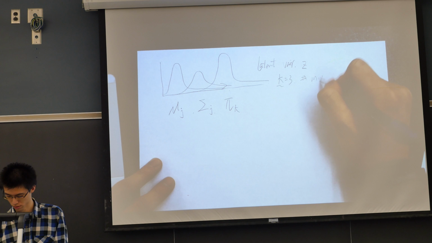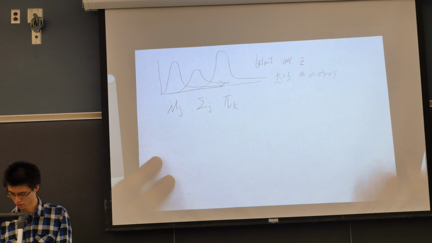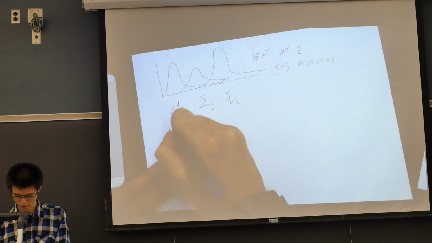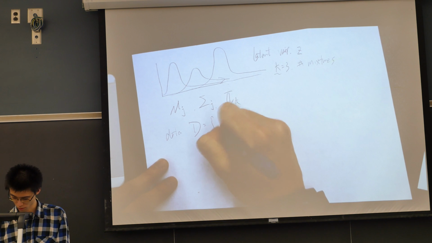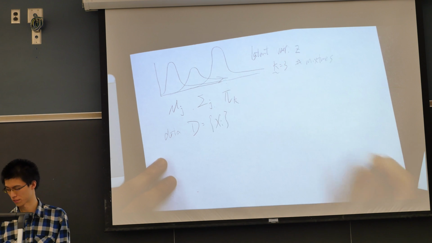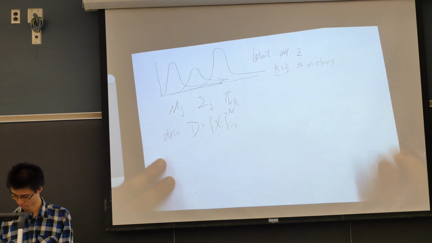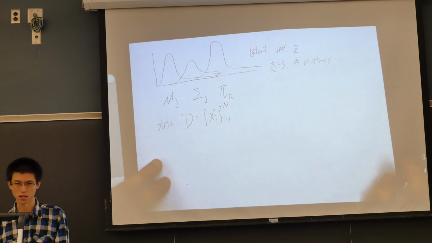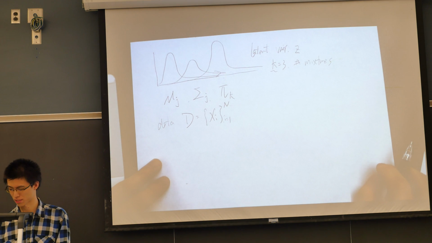So suppose we have 3 mixtures, so k is equal to 3, which is the number of mixtures. And our data is denoted by D, which is a collection of observations. Suppose there are n of them.